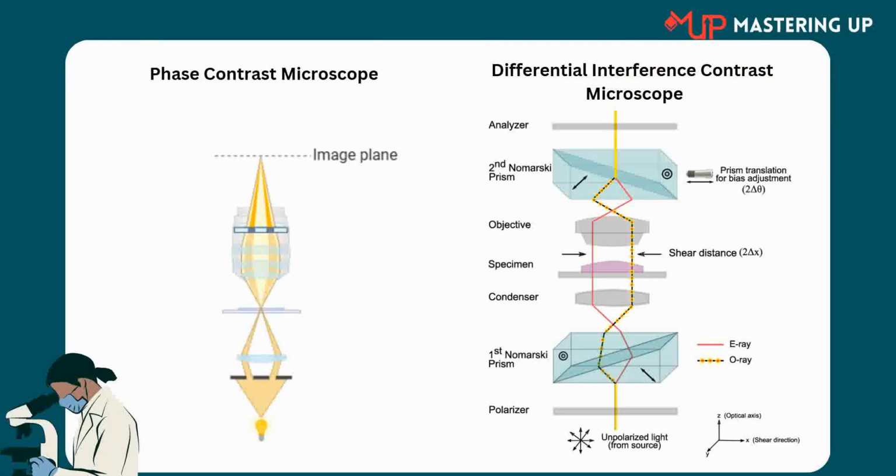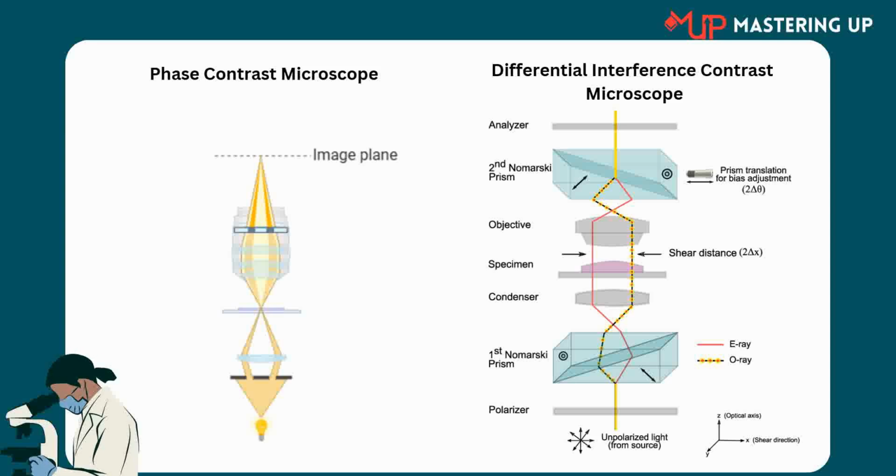Let's see the phase contrast microscope. These microscopes transform phase shifts in light passing through transparent specimens into brightness changes and then into images.